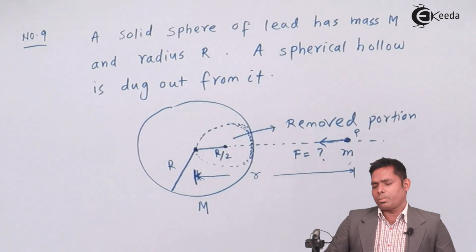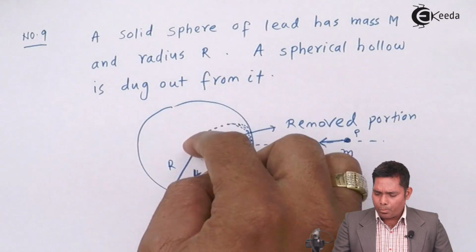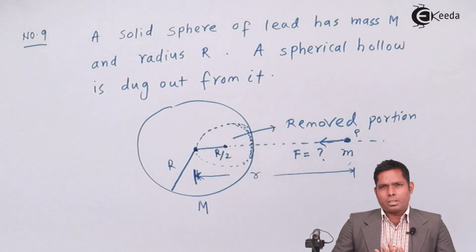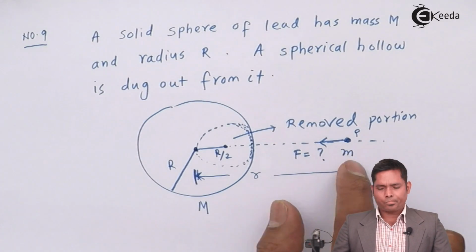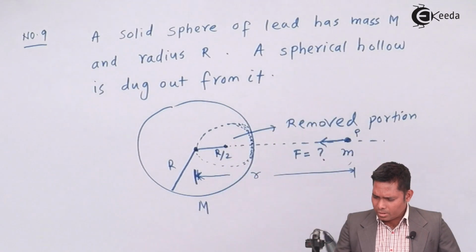So the question is not about the whole sphere and the point mass. It is about the whole sphere with some part removed. The remaining part, what is left, how much force will it exert on this particular mass m. I'll write, just complete the sentence.